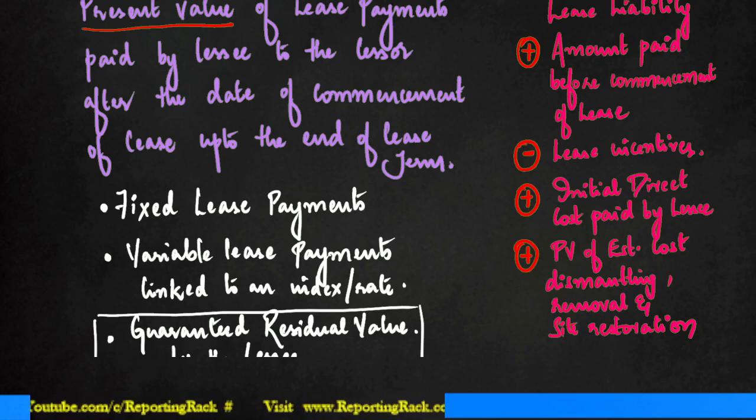My measurement is based on the amount of lease liability added with the amount paid by the lessee to the lessor before the commencement of lease, reduced by lease incentive offered by the lessor to the lessee, plus initial direct cost paid by the lessee, plus present value of estimated cost of dismantling, removal and site restoration.